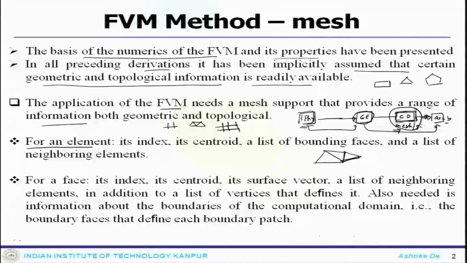For these elements, these are the cell centers, and you have some information there. For a particular element, what is very much important is its index. When you talk about the global system, as we will see later, that index is very important to keep.